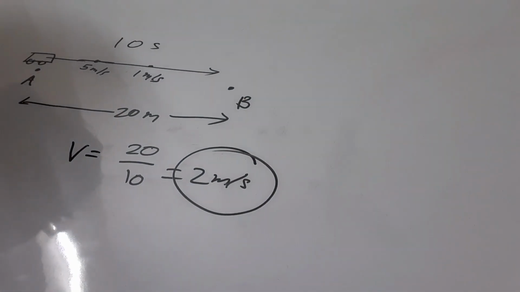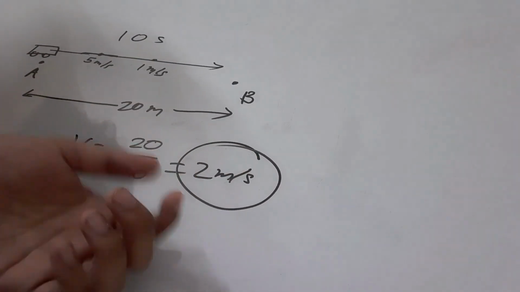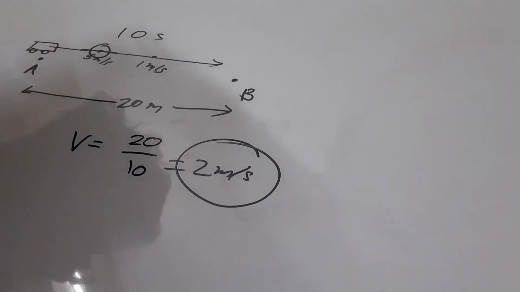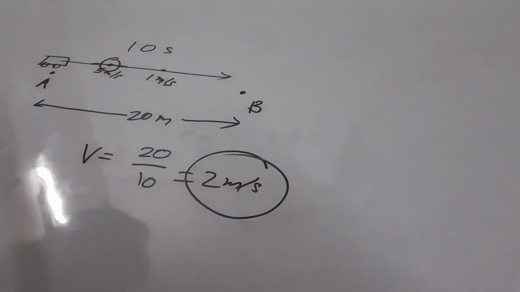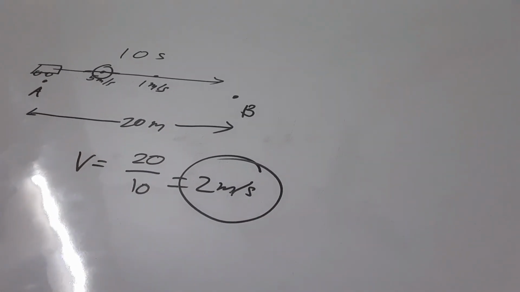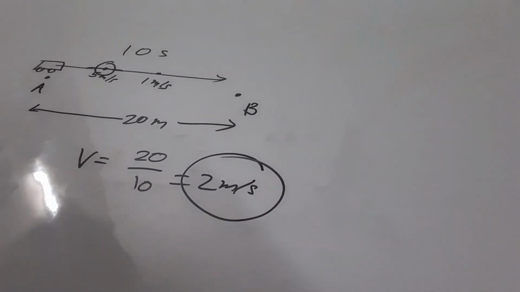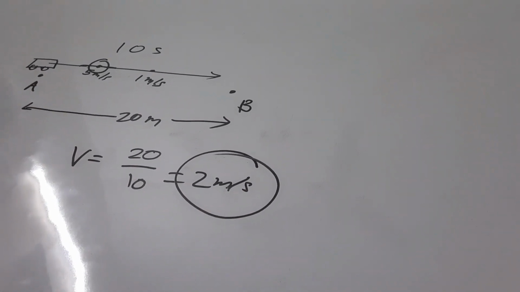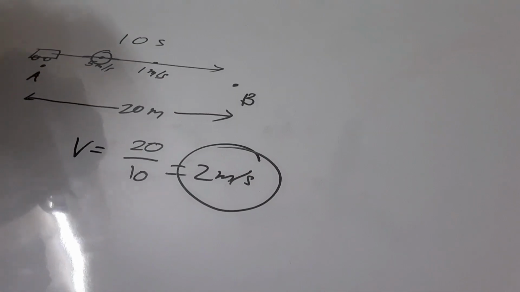But 2 meters per second does not give you the information about velocity at an exact point. So, calculus enables us to take out the instantaneous calculations of our quantities.